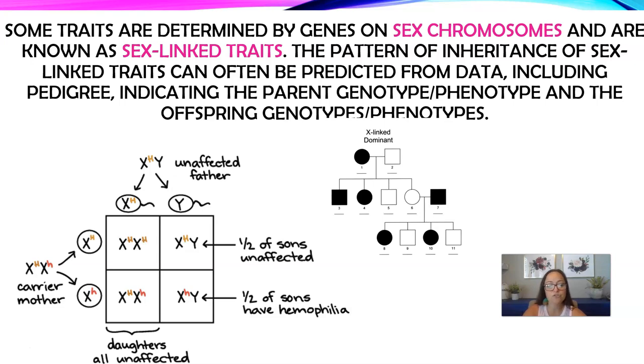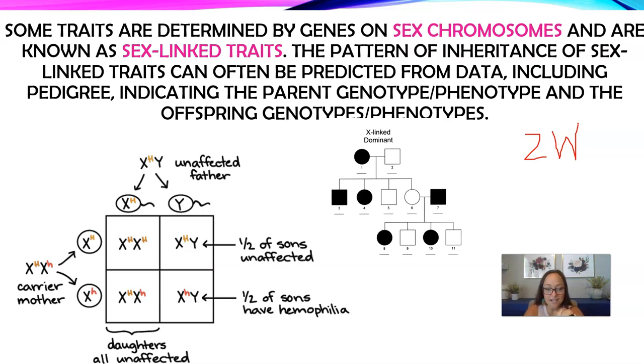So generally sex-linked means X-linked, but in some reptiles and birds, they have a ZW system. So instead of X's and Y's, they use Z's and W's. Just because here we talk about X's and Y's, this can apply to other sex chromosomes such as Z and W, but they are chromosomes and they do carry genes.